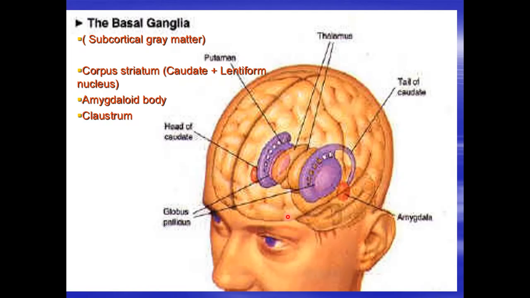Now the basal ganglia, we talked about it in many sessions before and explained it in abundance, but let's review them. It's gray matter that is located deep within the brain at the subcortical level, and it includes the caudate nucleus, the lentiform nucleus, the amygdaloid body, and the claustrum. The caudate nucleus is C-shaped.